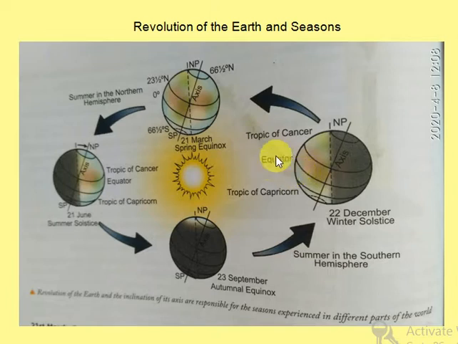Away from the equator, the days are longer in summer, and the nights are longer in winter. At the poles, the variation is maximum.